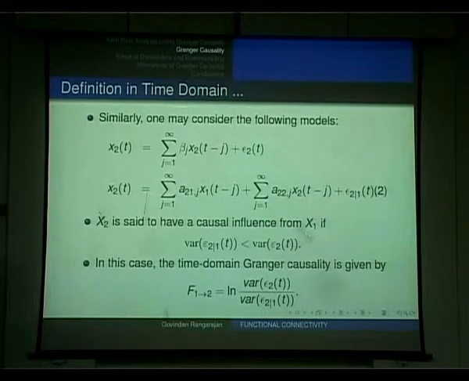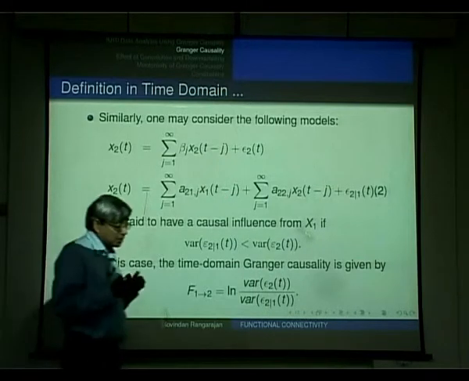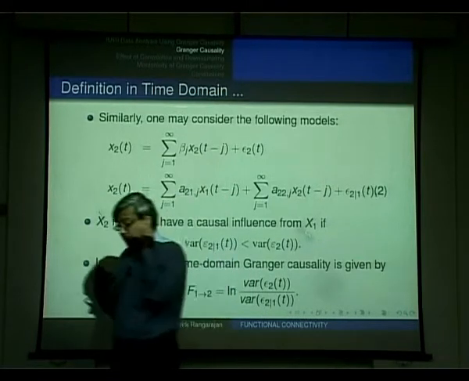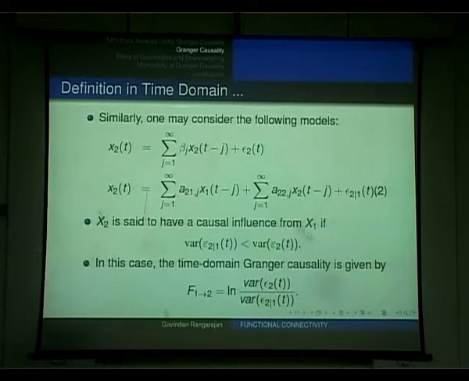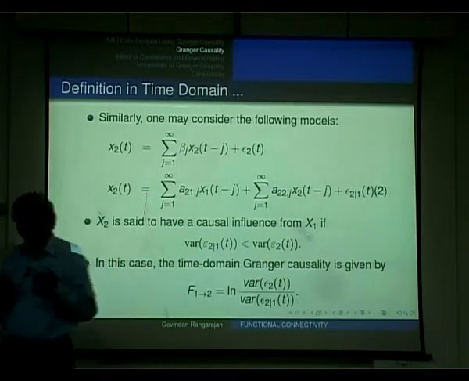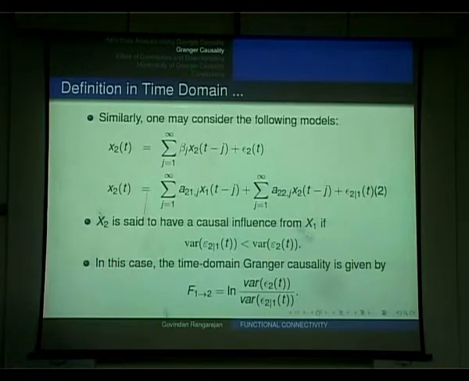That is the advantage Granger causality has over traditional correlation analysis, and that is why it has become very popular. So we have this quantification of Granger causality between two processes.